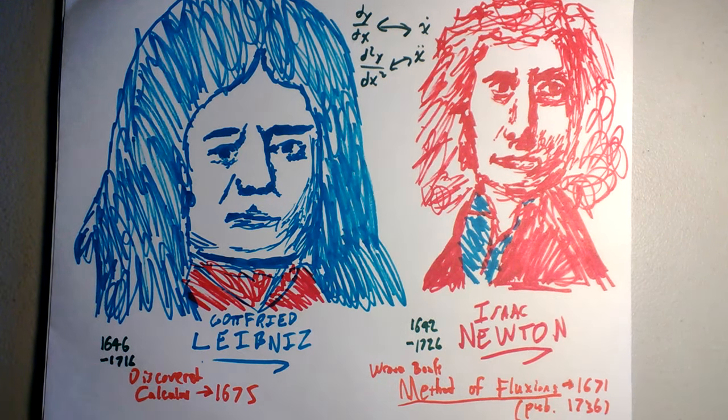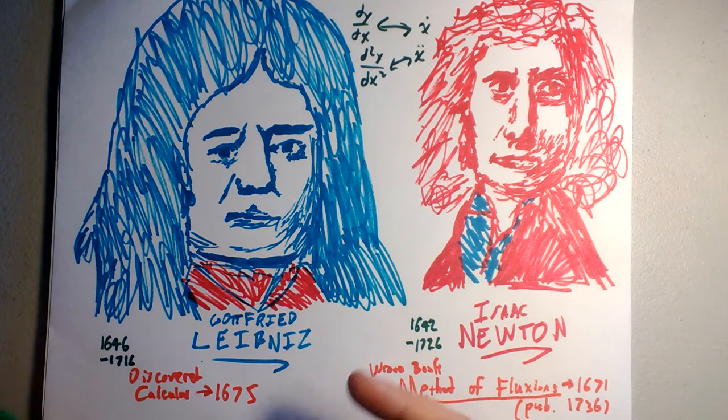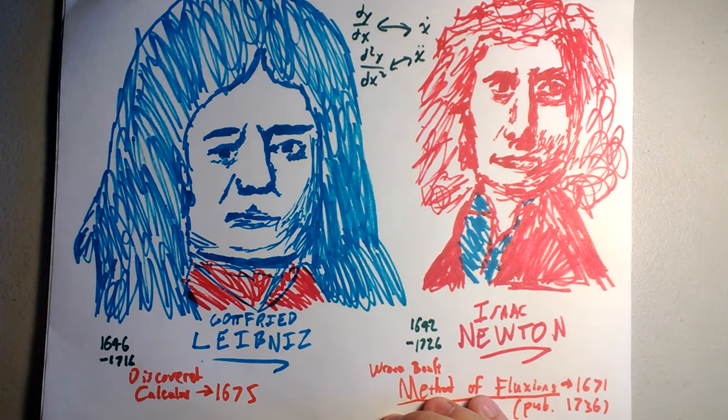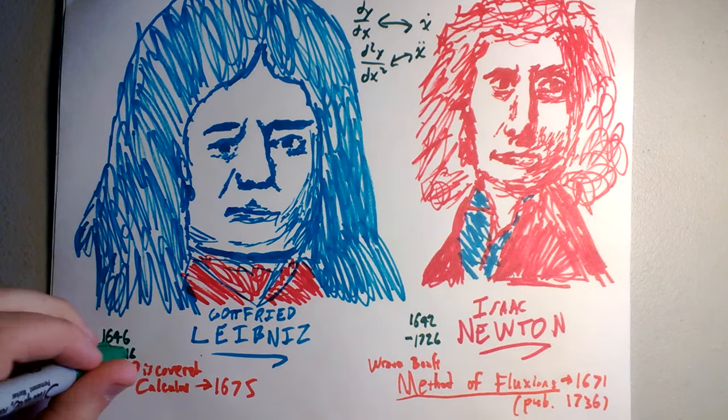But I just want to do a quick thing on the two giants of calculus. So Leibniz, his notebooks say that about 1675, in his works, he basically discovered calculus.